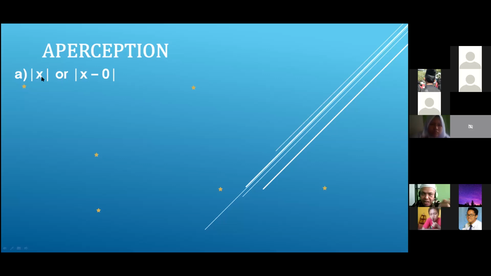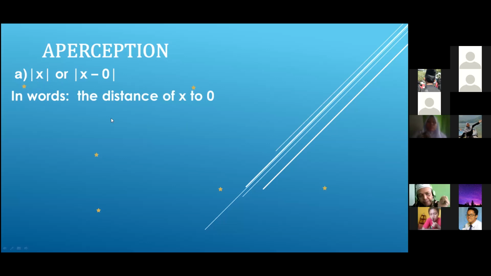In words, the absolute value of x is the distance of x to 0. Okay? And b, absolute value of 3, or absolute value of 3 minus 0.